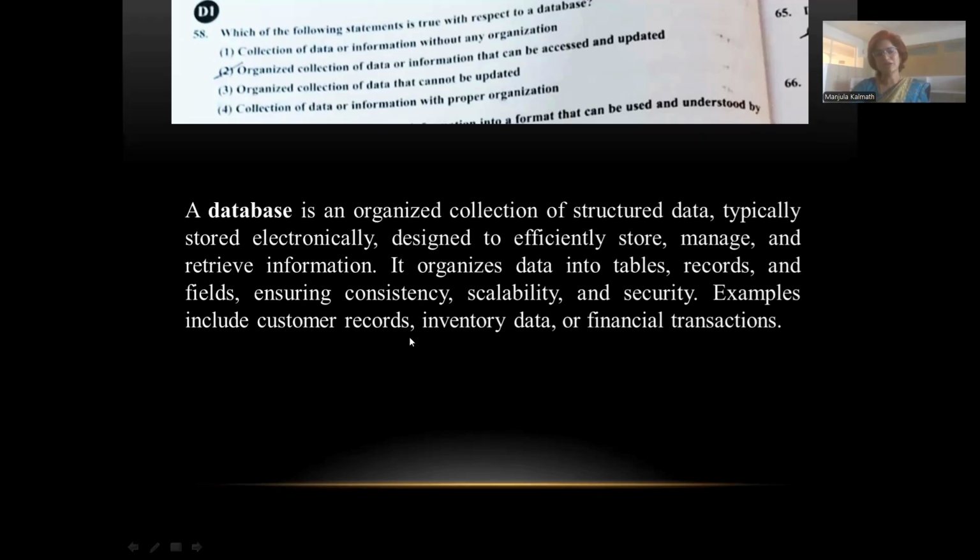Examples include customer records, inventory data, or financial transactions. So here data is the raw fact which is stored in the database. Information is what we get after processing the data of the database. Always it goes to the application and is given as output to the user. So the correct answer for this one is the second one.